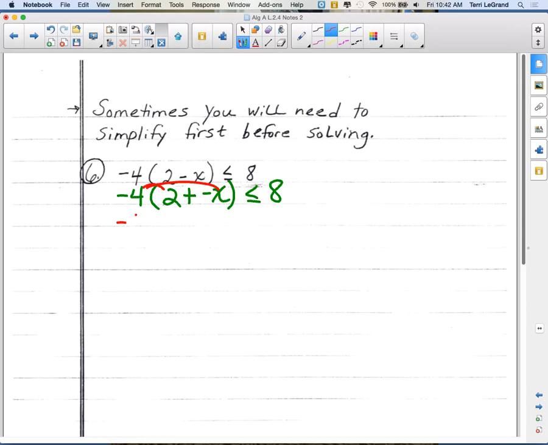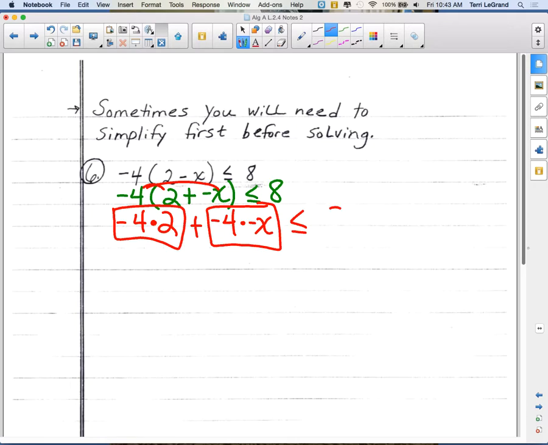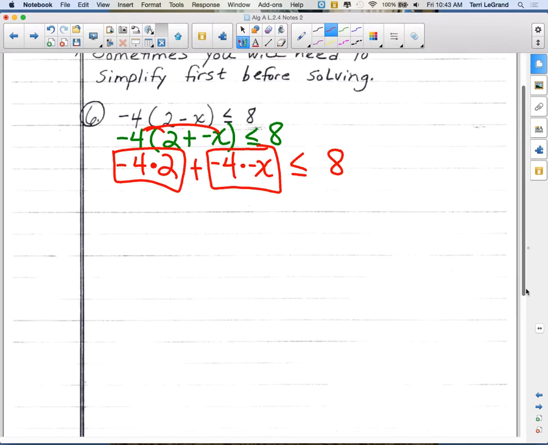So we're going to take negative 4 times 2. There's one of our multiplications. Bring down our plus sign. We're going to take negative 4 times negative x. There's our other multiplication. And then just bring along the rest of the inequality. So we're simplifying right now, multiplying that negative 4 times both of the terms in the parentheses.